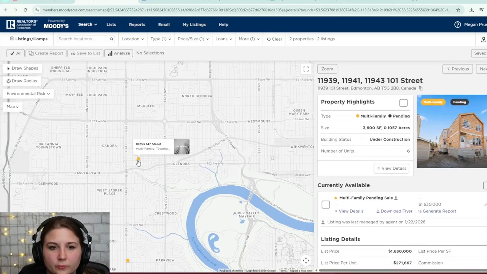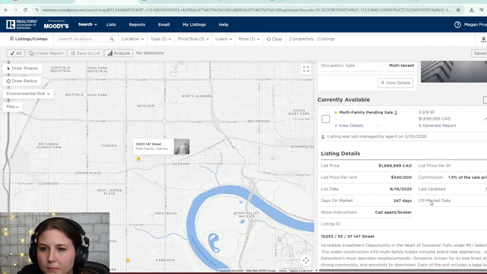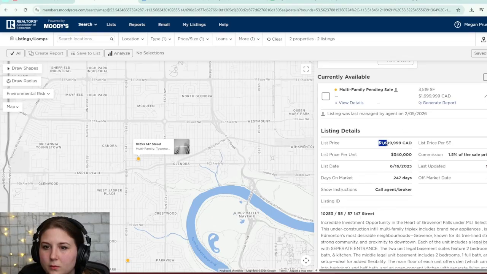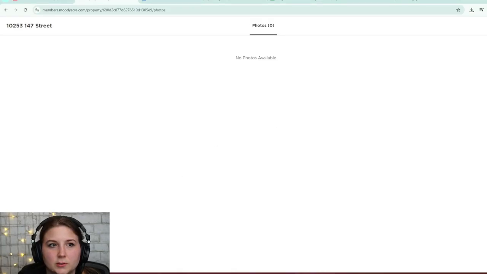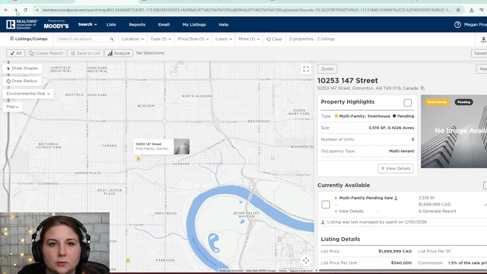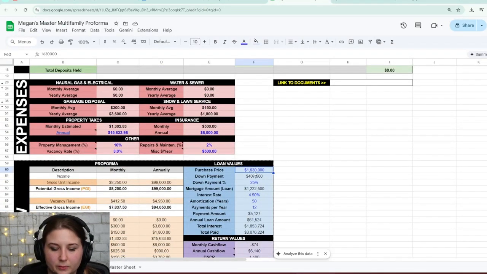Let's look over in Grosvenor. We like Grosvenor. Grosvenor is a good area. This is our price. Is there any pictures? Nada. That's okay. I don't need pictures. Throwing the price down here.